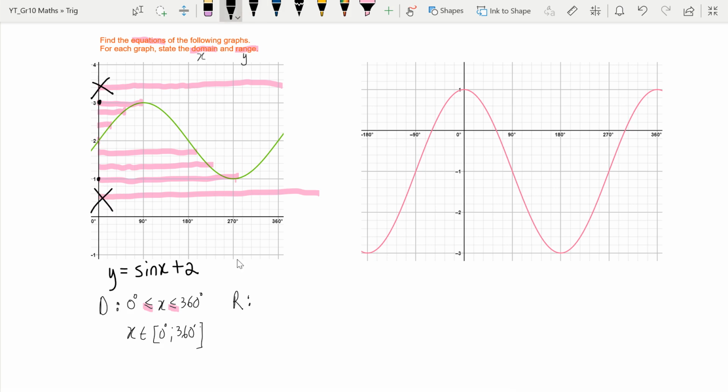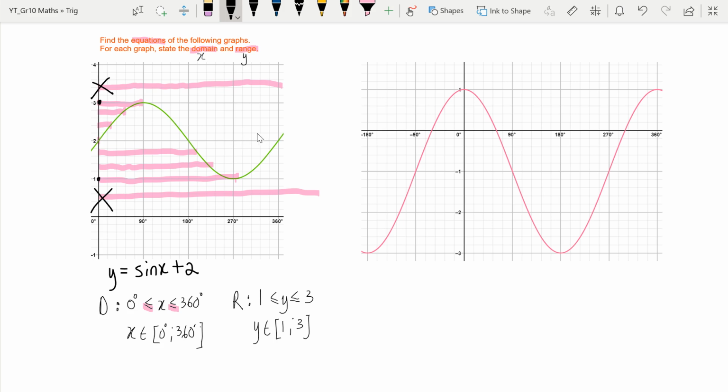So my range is y smaller or equal to 3, but y bigger or equal to 1. How would some of you also write that? y is an element of, including 1 and 3. So the graph basically exists between 1 and 3 for my y values.